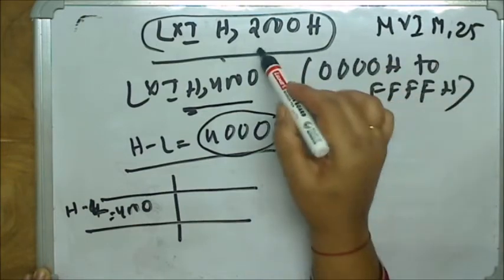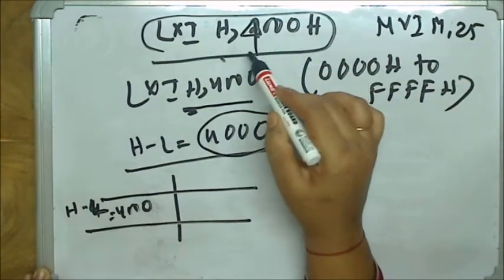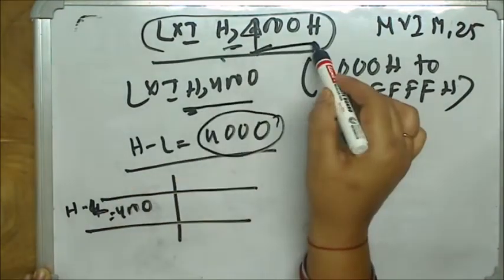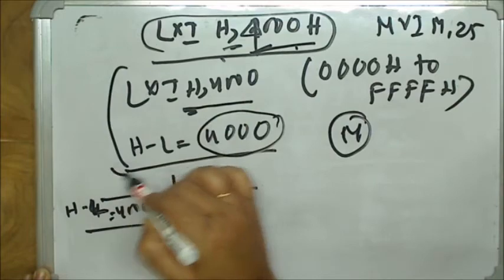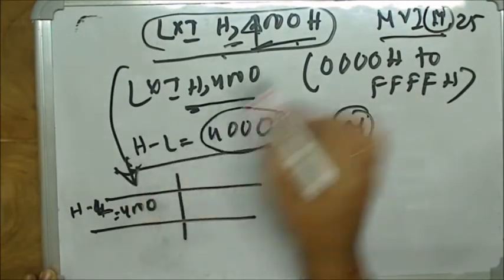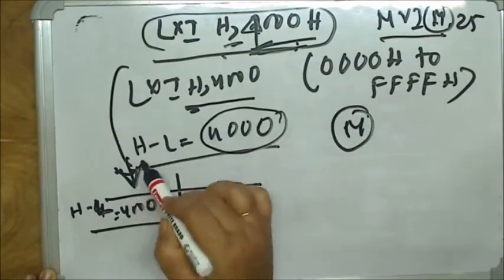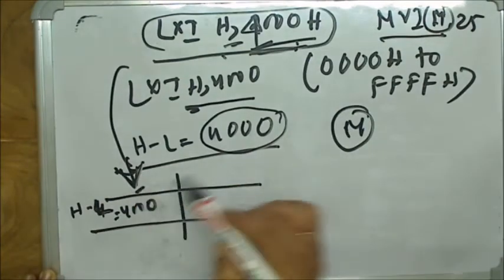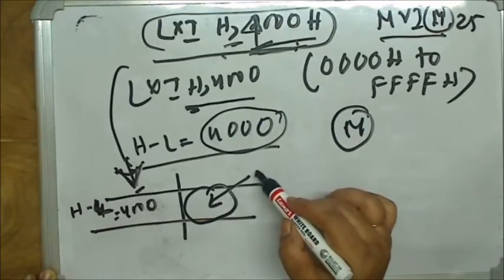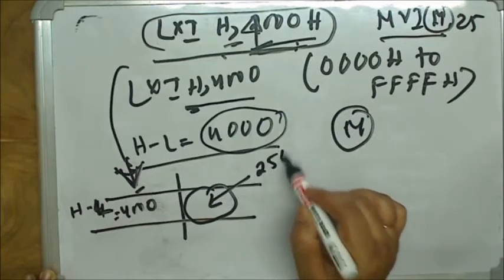As soon as the processor sees M in the instruction, it will go to the memory location indicated by the HL pair, 4000, and load 25H into that memory location.